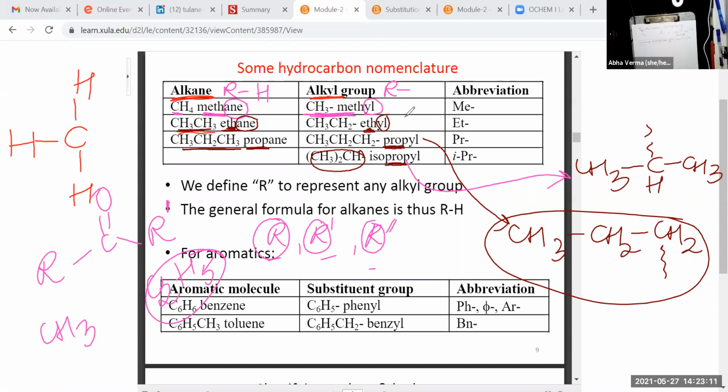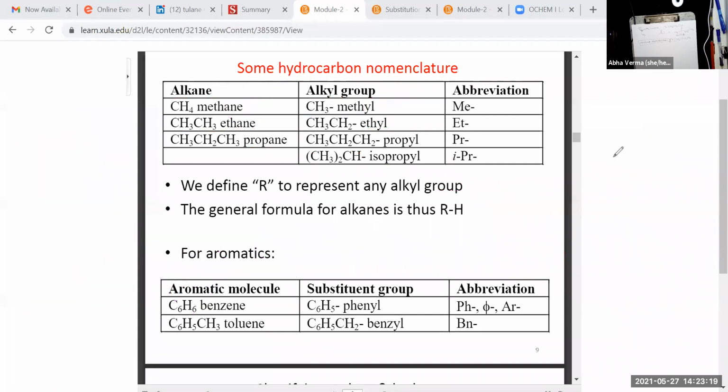Okay. Any questions on how we define alkanes and alkyl groups? Now, alkyl groups are going to be very, very useful for all of us. We will be using alkyls all the time. Aromatic groups. The aromatic group, as we were discussing, is the benzene ring. How many carbons do you see here? 6.